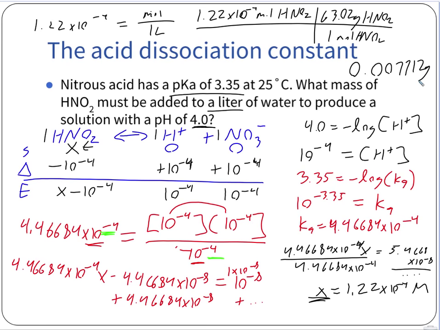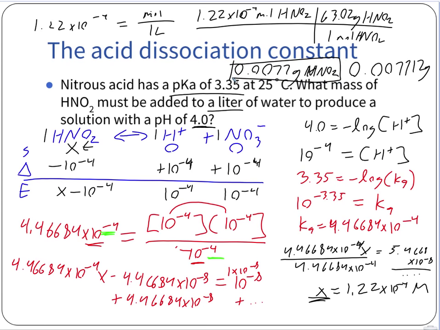Sig fig wise, it looks like we should have 2 sig figs. So the final answer here is going to be 0.0077 grams of HNO2. So that's going to be my final answer here.